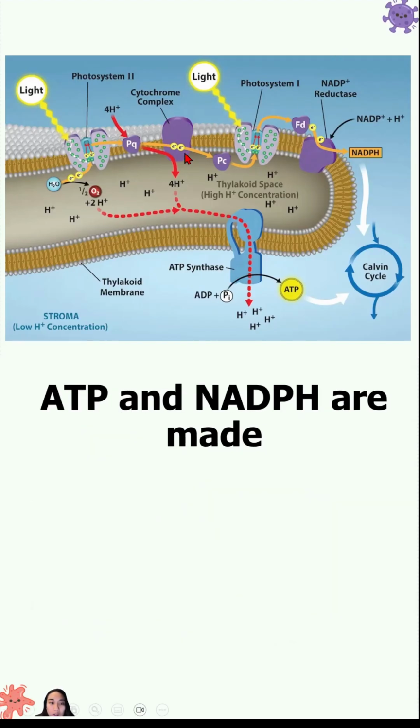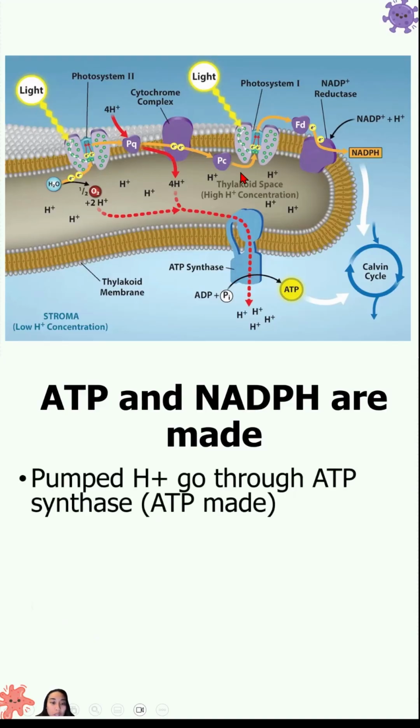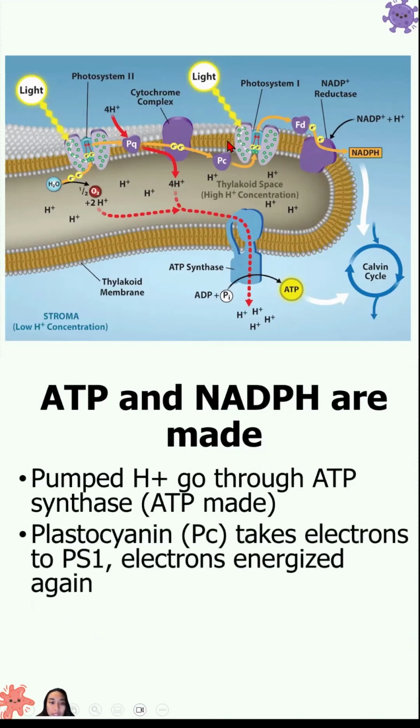So continuing on with this diagram, the electrons, which are now low energy, are going to be moved into photosystem number 1 through this plastocyanin molecule. Now, what's happening with all the hydrogens? I kind of skipped this bullet point, but these hydrogens are going to be moved through ATP synthase. And guess what? ATP is going to be made.